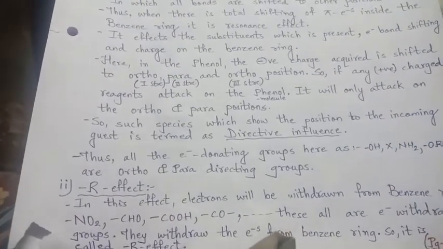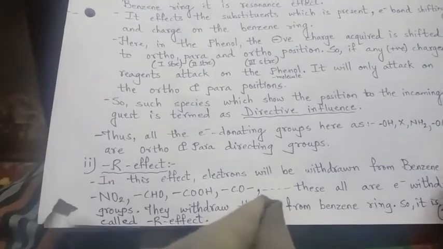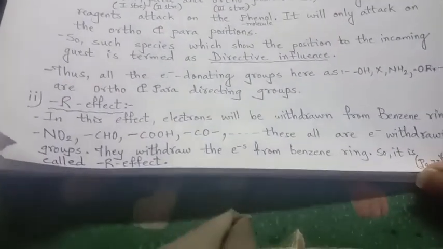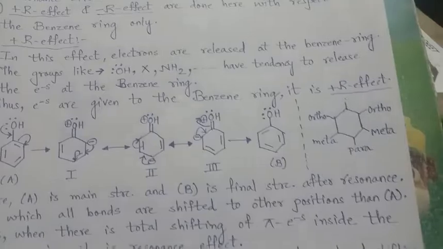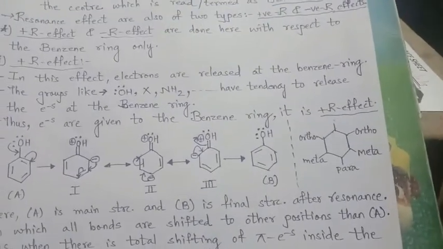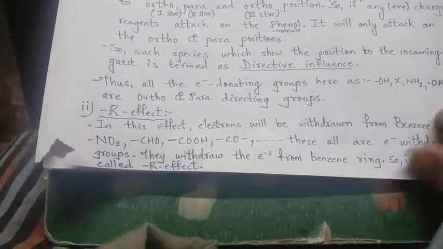So this was about positive R effect, and the next is negative R effect. In this effect, electrons will be withdrawn. See, in positive R effect, what happened? Electrons are released at the benzene ring. That means electrons were given to the benzene ring. But here it is completely different.